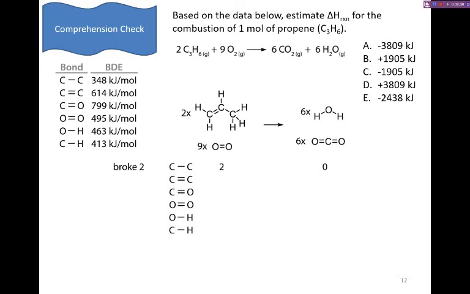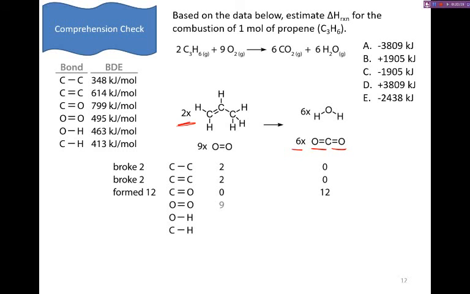Carbon-carbon double bonds, we have 2 in the reactants. Again, this is because we have 2 of the propane molecules, and we have none in the products. Carbon-oxygen double bonds, we have none in the reactants, and 12 in the products because there's 2 per carbon dioxide and there's 6 carbon dioxides, a net of 12 formed.